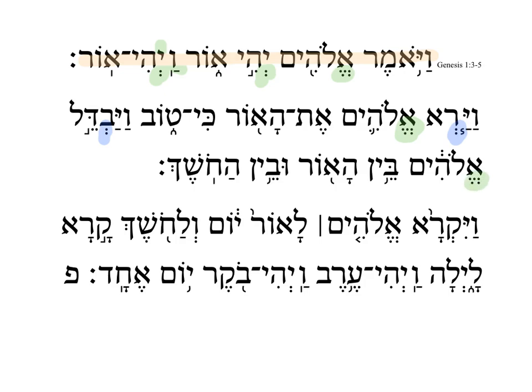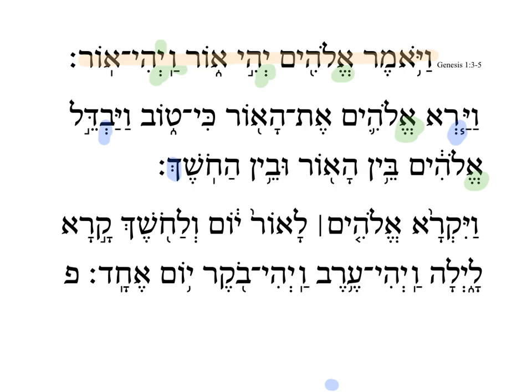Then we have another vocal Sheva. It's a Hatuf Segol Sheva. And then finally, we have a silent Sheva because it's in the last letter of a word, Hoshech.